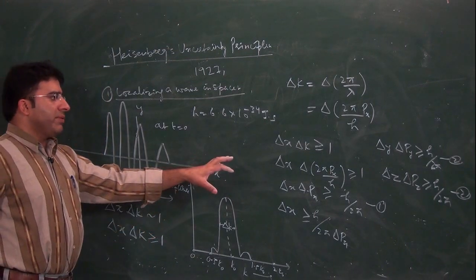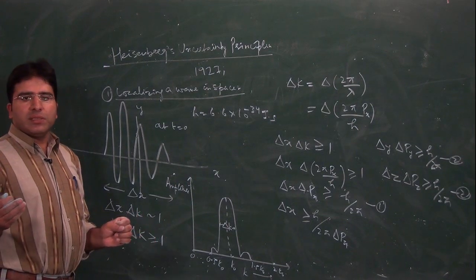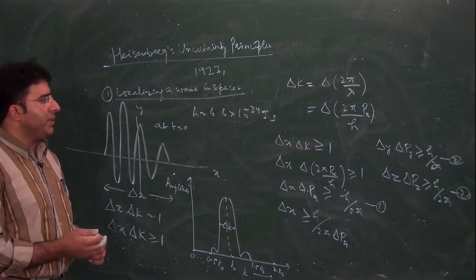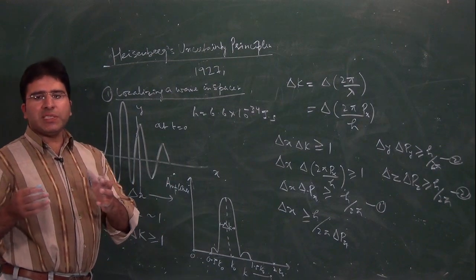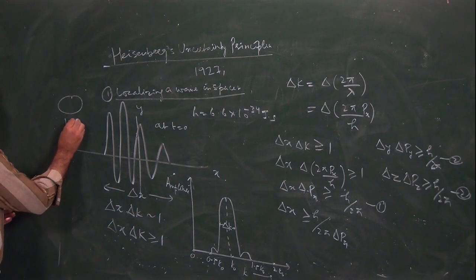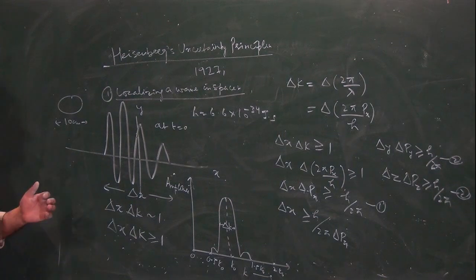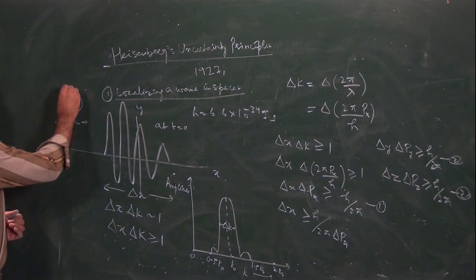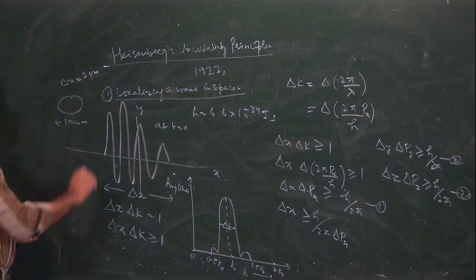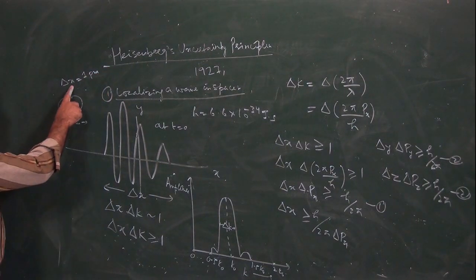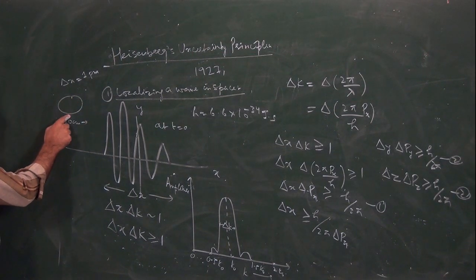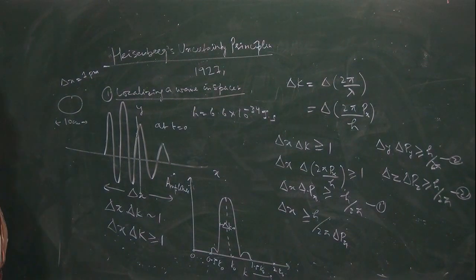Now, in the macroscopic world, this uncertainty relation has no significance. For example, if you take some stone having certain mass, moving, having a size of 10 centimeter across, then calculate its position uncertainty. It may be, for example, 1 picometer. It is meaningless or absurd to find a 10 centimeter across stone in a 1 picometer zone.